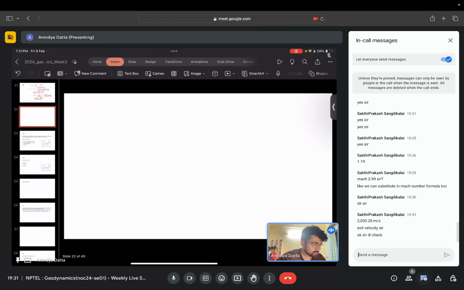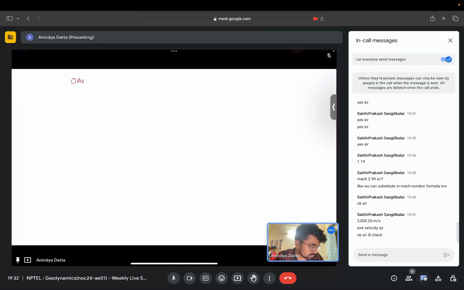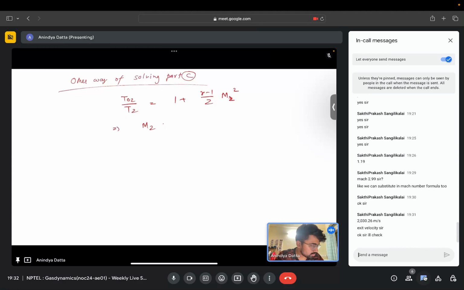Another way of solving part C is, you know T02 by T2 is equal to 1 plus gamma minus 1 by 2 M2 square, or M2 is equal to the square root of 2 by (gamma minus 1) times (T02 by T2 minus 1).